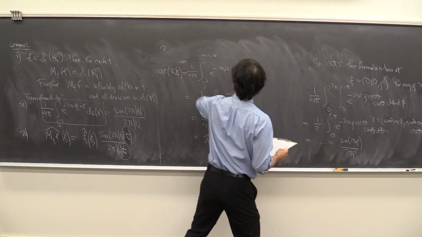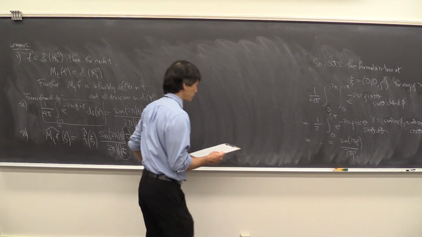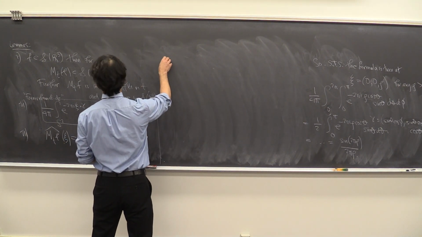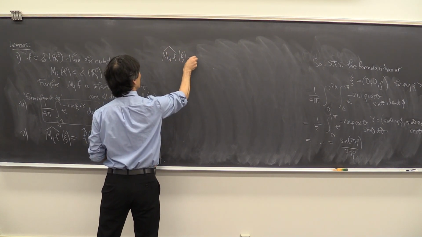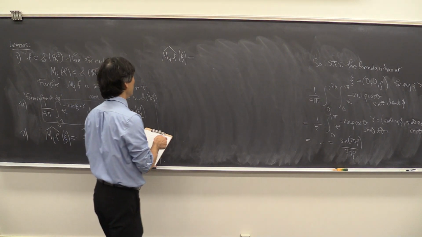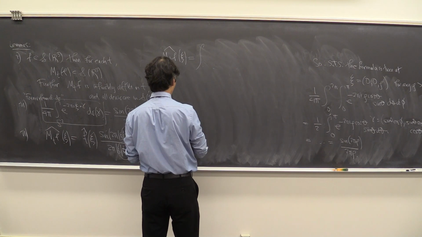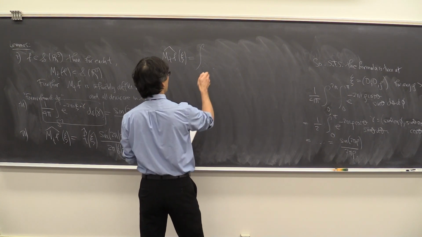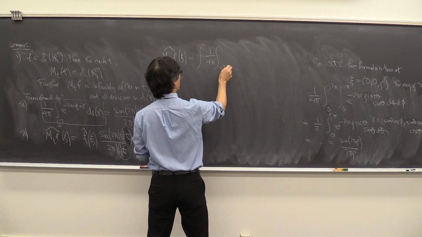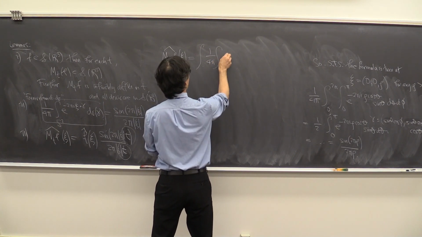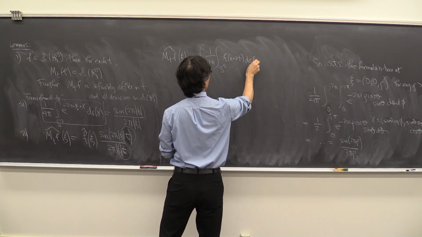So let's do that. Fourier transform of the spherical mean is going to be, right, we take the spherical mean, 1 over 4 pi, integral of f of x minus gamma t, d sigma of gamma, right?